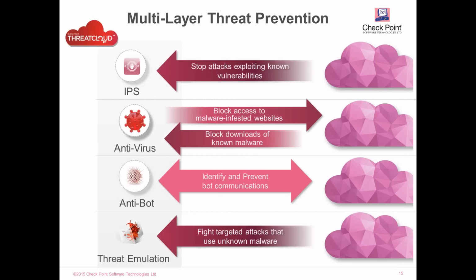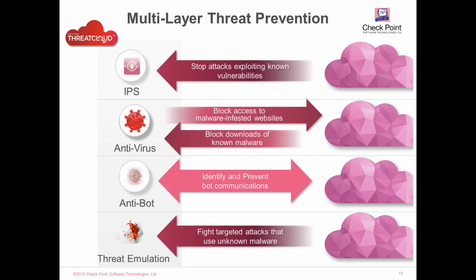If we take a look at each of the layers, IPS is one of the early layers that we can apply, because ultimately IPS is there to block or stop known vulnerabilities. For example, let's say there is an attack that is open to Adobe Reader.